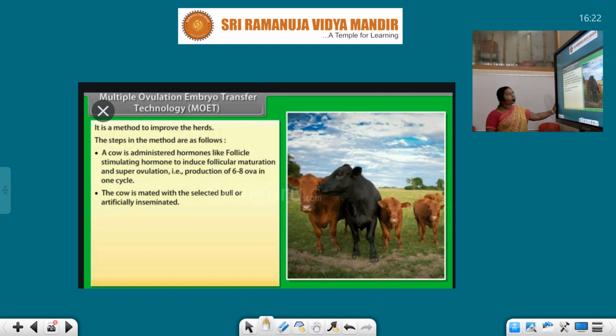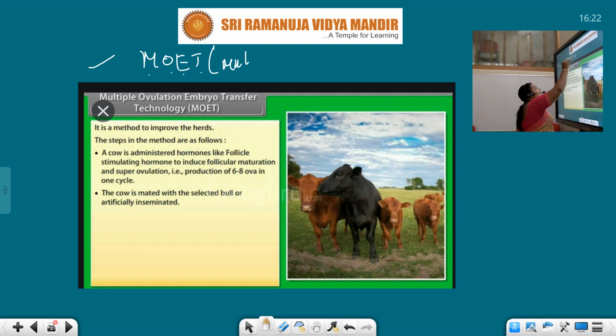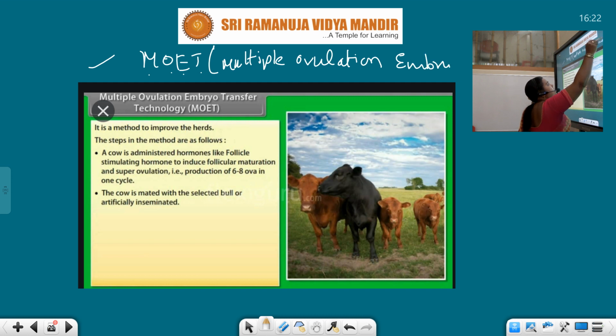Now let us see the second type, that is MOET. MOET: multiple ovulation embryo transfer. M for multiple, ovulation, embryo transfer.